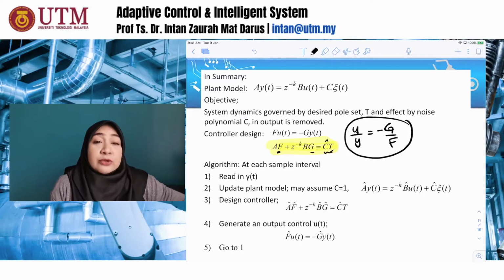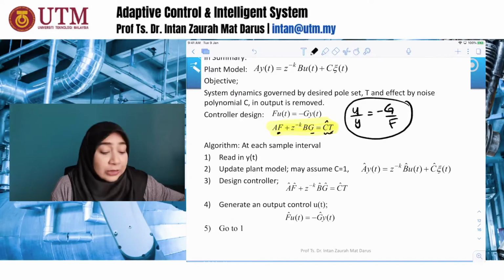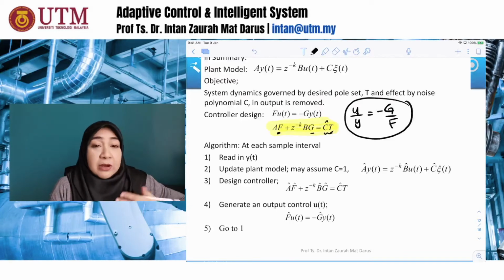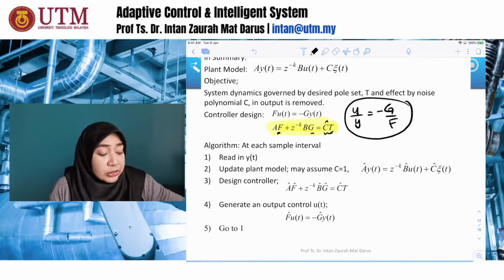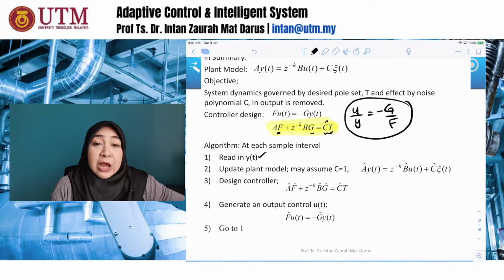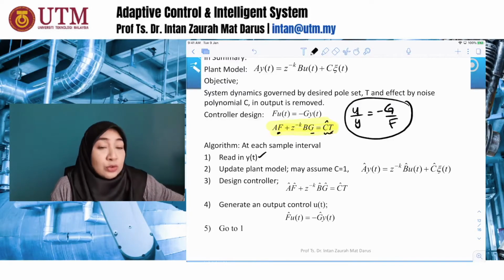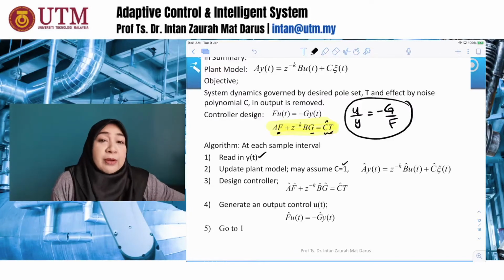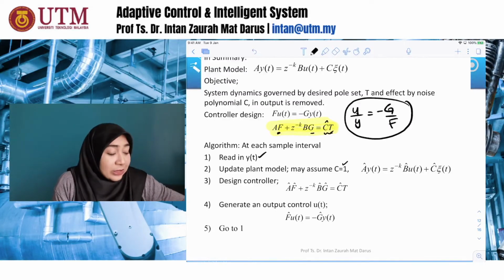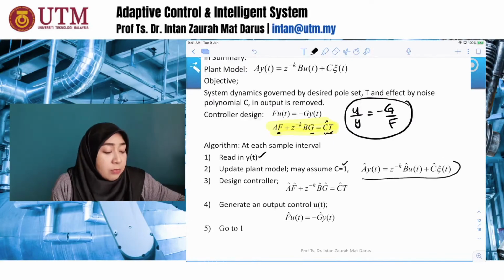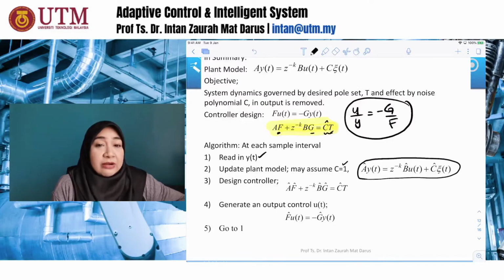Okay, so in order for you to design this algorithm, you want to actually put this into an algorithm. You can do that. Okay, we can put in a loop where initially you read the value of your output yt, and also of course the value of your input. You can initially assume that c is equal to 1, because you don't know the polynomial c in the beginning, isn't it? So you assume it equals 1 in the beginning, and then you estimate your plant model by using recursive least squares.